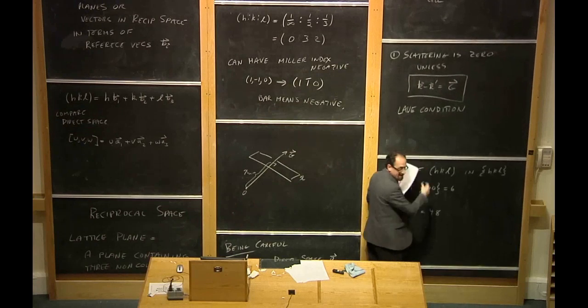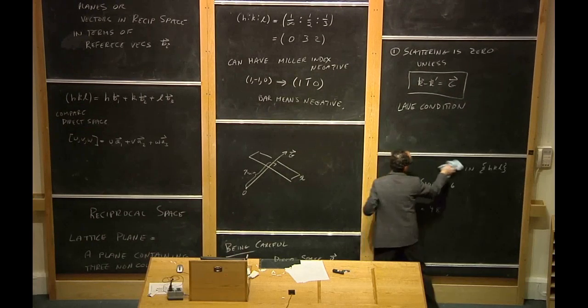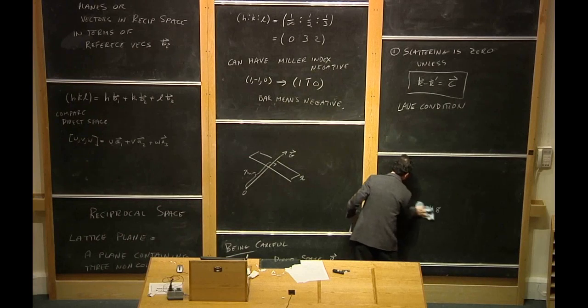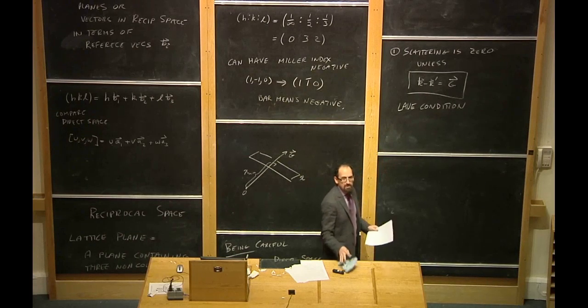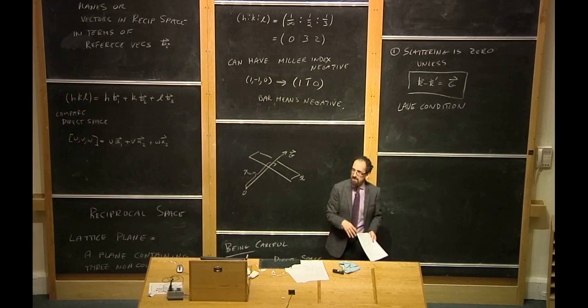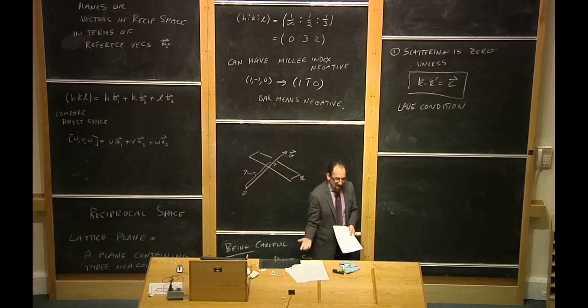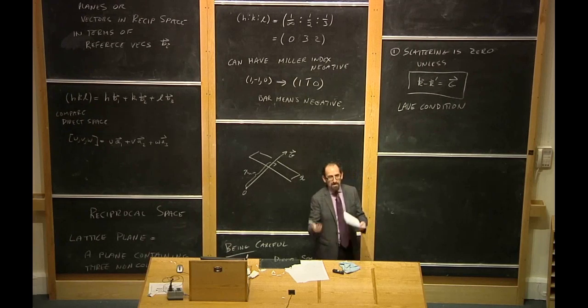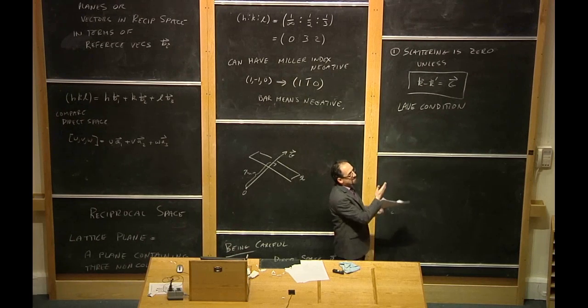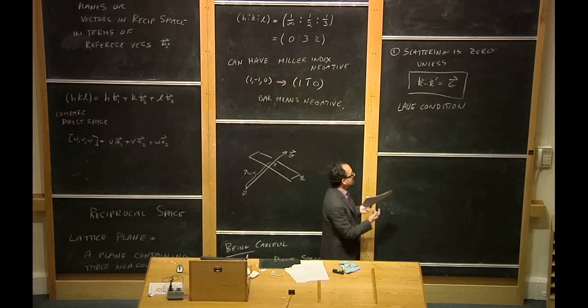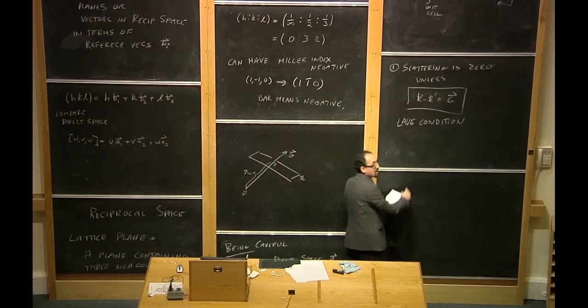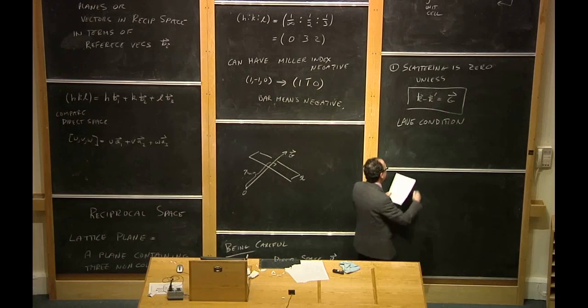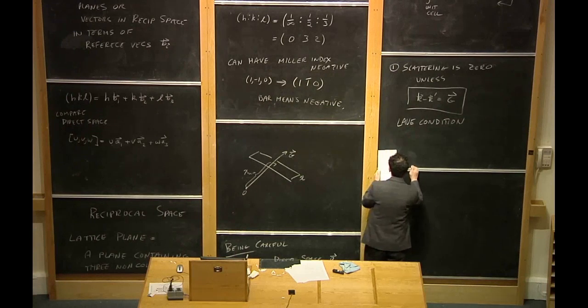His Nobel Prize was exactly 100 years ago now. There's a complication about whether it should be called the Laue condition or the von Laue condition, because he was born Max Laue, but his father was elevated to noblehood much later, and he took the name von Laue. But when he discovered this, his name was still Laue, so it's usually called the Laue condition. Other people will disagree.